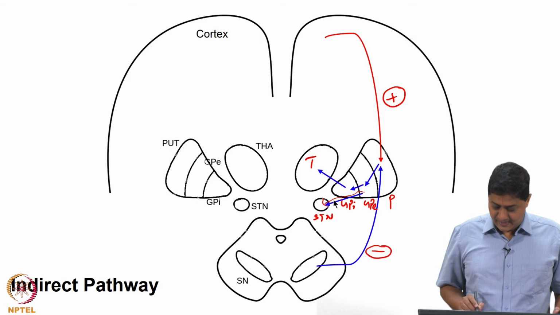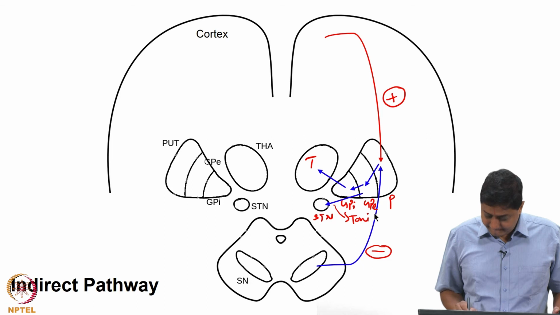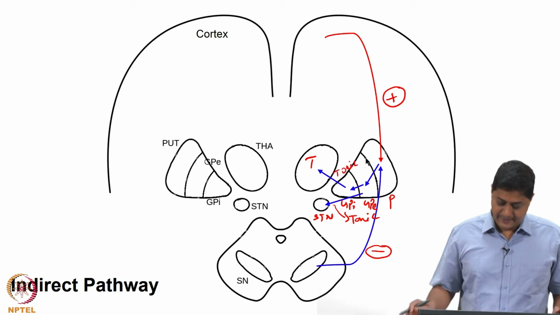Right. Note this connection from the globus pallidus external to the subthalamic nucleus is actually tonic, just like the connection from the globus pallidus internal to the thalamus is tonic.